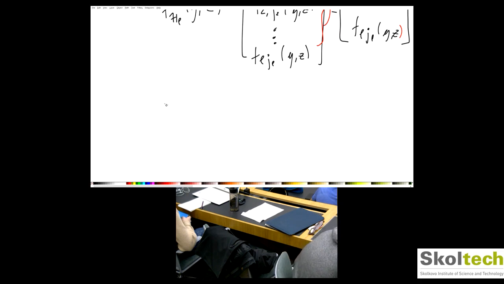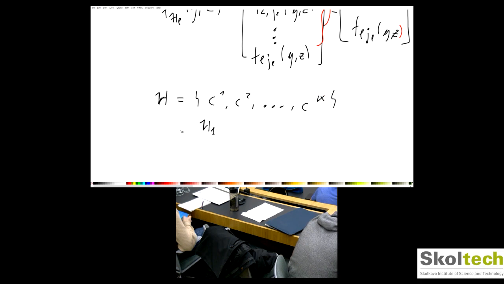Let me just rewrite things a little more clearly. So this is the hypothesis that I'm writing here. This is like any hypothesis. Here we have correspondence 1, correspondence 2, correspondence k. And then here, for instance, we'll have this H to be 1, and this corresponds to this part here.